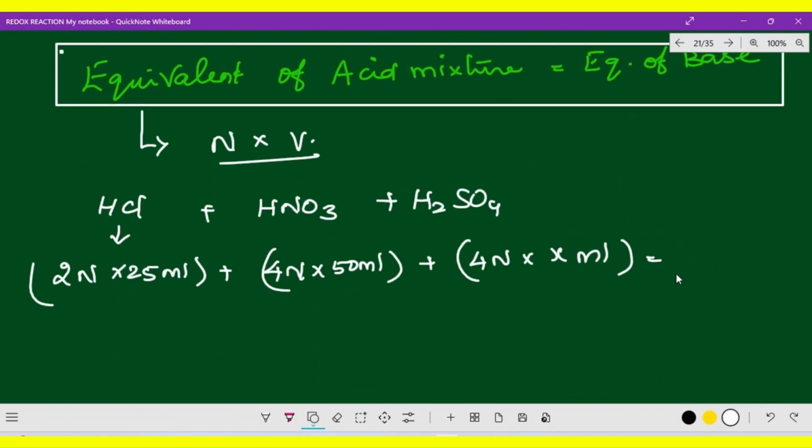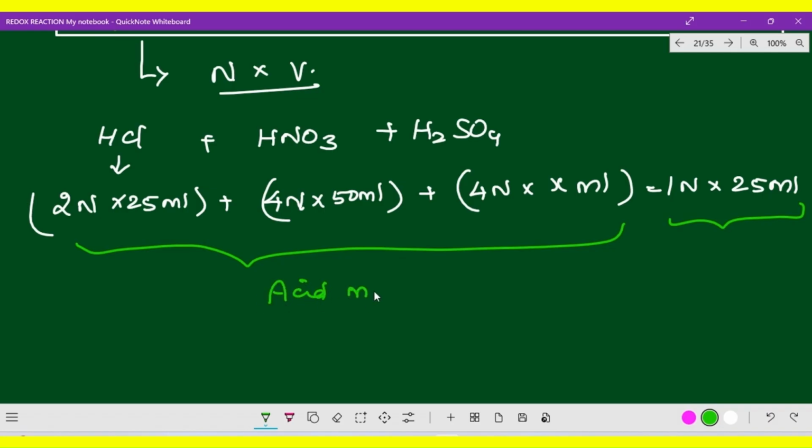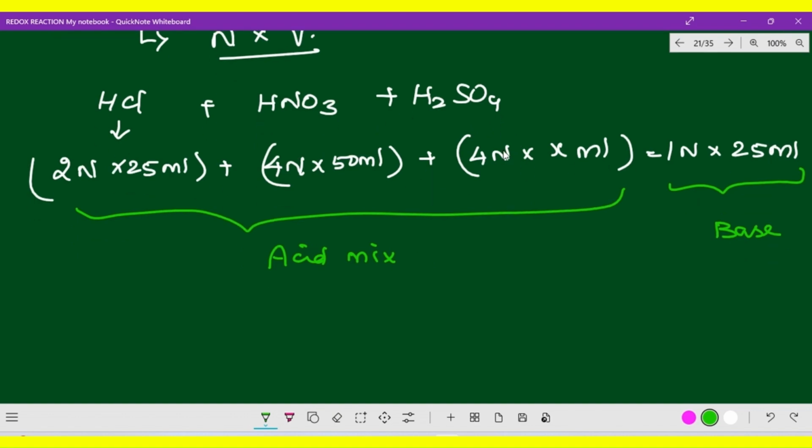So equivalents of base is normality into volume, that is 1N into volume 25 ml. This is the acid mixture and this is the base. Equivalent of acid mixture is equal to equivalent of base.